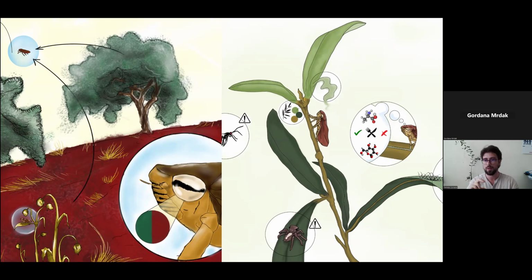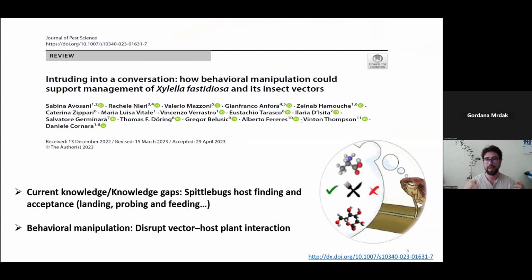The better the cues, the higher the vector activity, and the higher the chances for the plant to serve as source or recipient of the bacterium. So the characterization of these cues and their interaction with vector activity is essential to understand the transmission biology of Xylella fastidiosa, and also has repercussions for control.